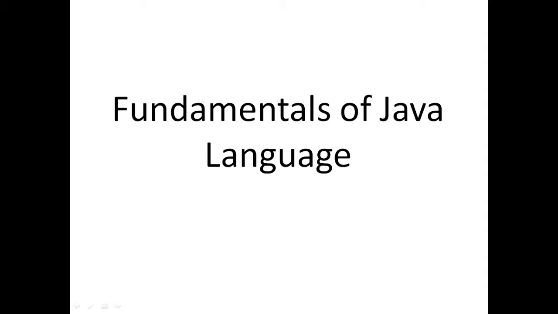BlueJ is an application software which is used to write, compile and execute the Java program. And Java is a high-level programming language which consists of object and class. These two are very important components of object-oriented programming. Okay, class is a virtual name, and object is the real entity.